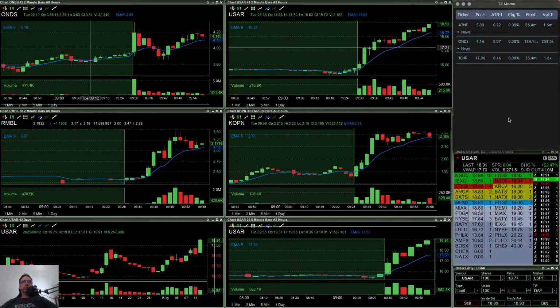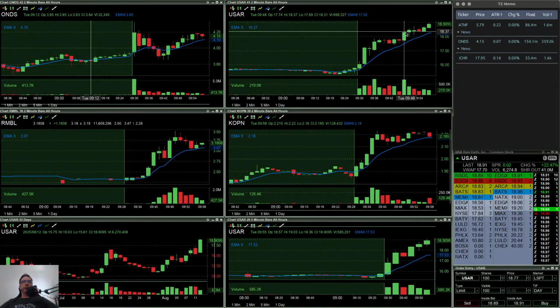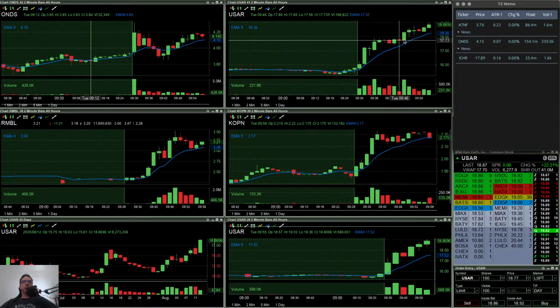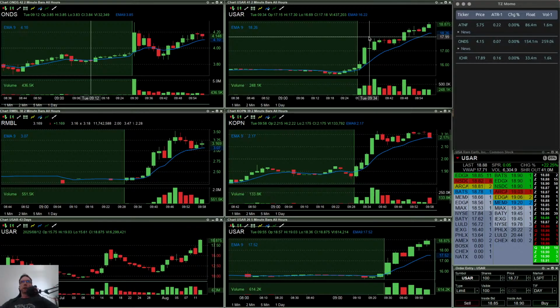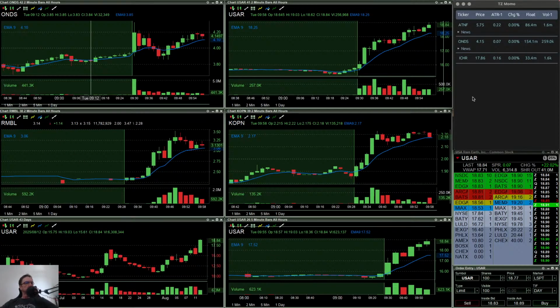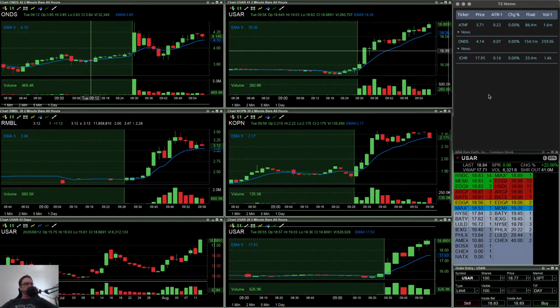So USAR is decent. As you can see right here, it's running. On a 2-minute chart, it's kind of running. We kind of pulled back right here. Once we broke that consolidation area, we broke 18. Right now, you're up 80 cents on this trade. I'm not, because I kind of bailed on it right up in here.